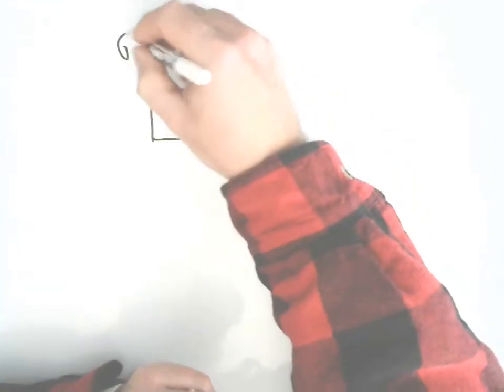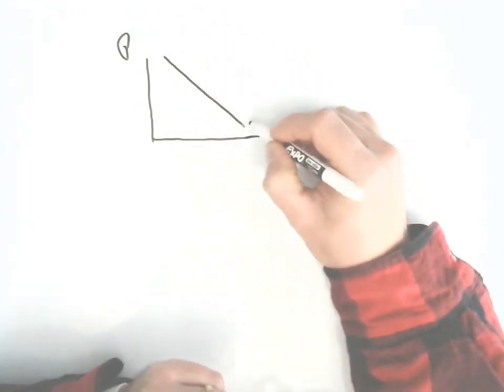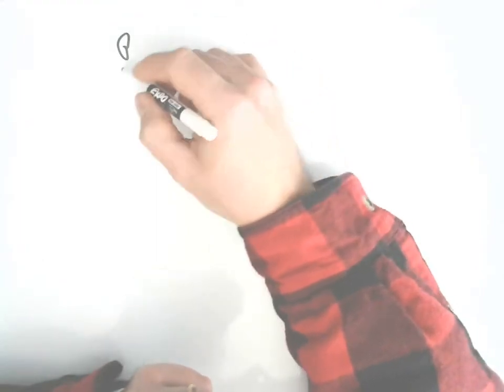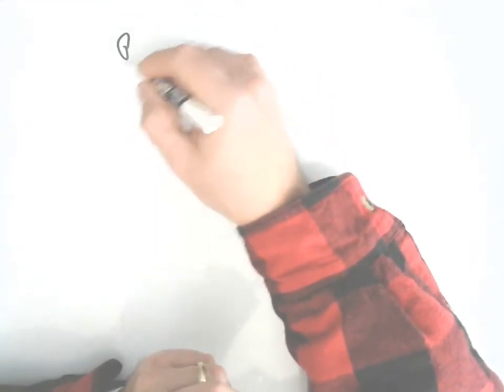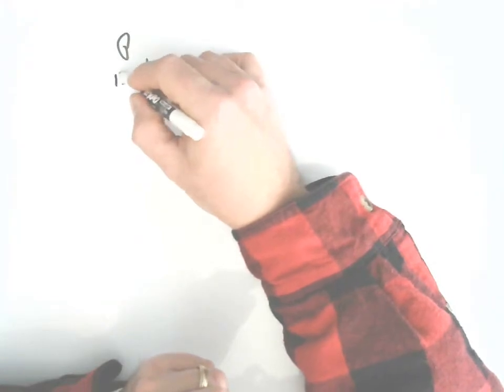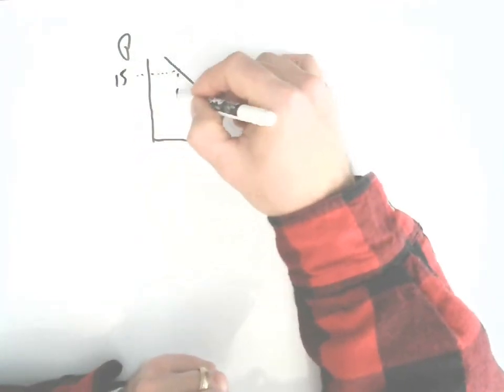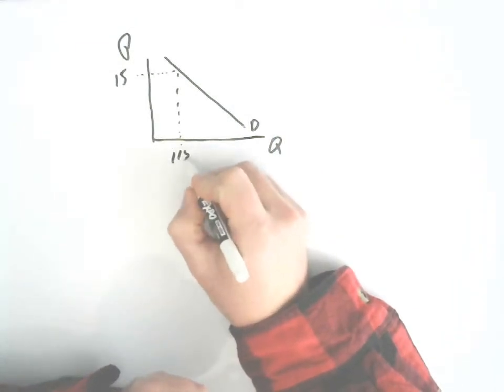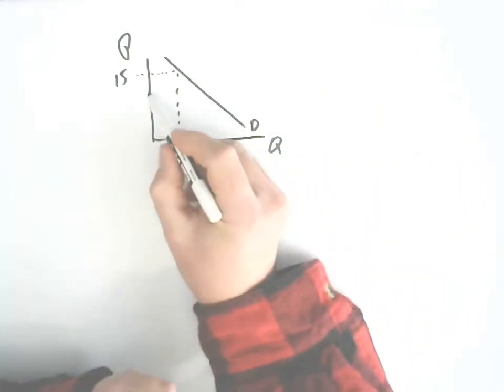So we've got a demand curve, and let's say I've got a price of, I don't know, $15. And at $15 a unit, I'm selling 1,150 units.